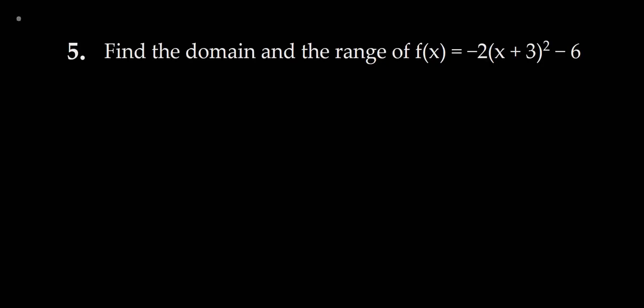Question number 5. Find the domain and the range of f of x equal to -2 open parenthesis x plus 3 close parenthesis squared -6. First, you must recognize that this function is in the standard form.